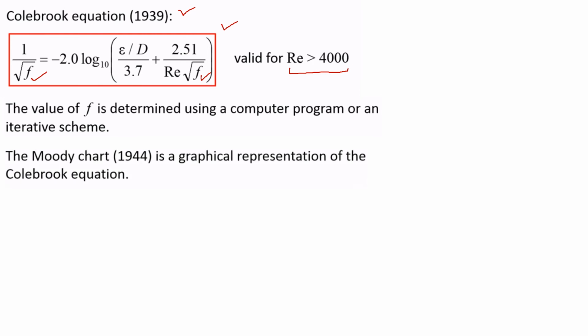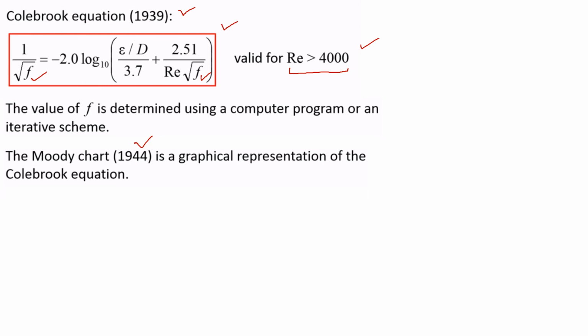So Moody came up with a chart in 1944, and by using that chart we can graphically represent the Colebrook equation, and find our Darcy friction factor for Reynolds numbers greater than 4000.